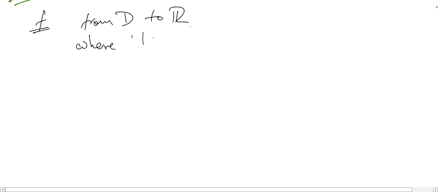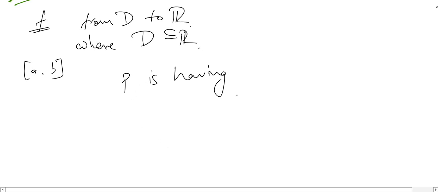So what he said: let f be a function, okay, from D to R, where D is nothing but a subset of R, right? A subset of R. Now let D, the domain, be the interval [a, b], okay, and he said that P is having these points.